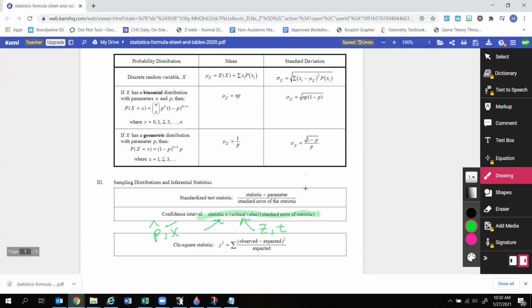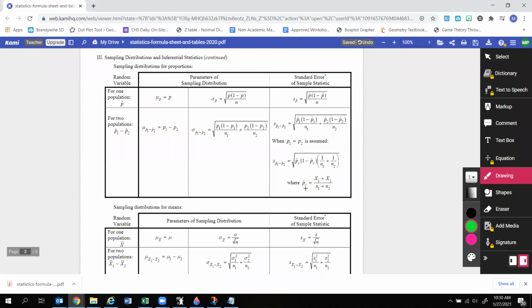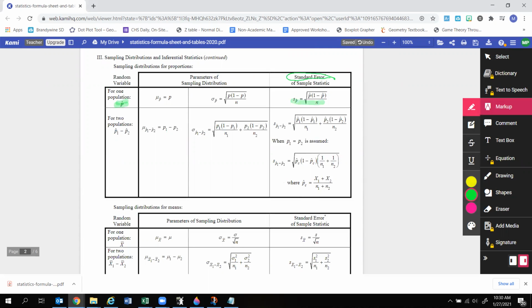As I scroll down here, this has a bunch of little fun bits of information. We talked about the standard error, so this is that right side of the equation. On that right side for standard error, if it is a proportion, so we have one proportion, that's going to be this guy right here.